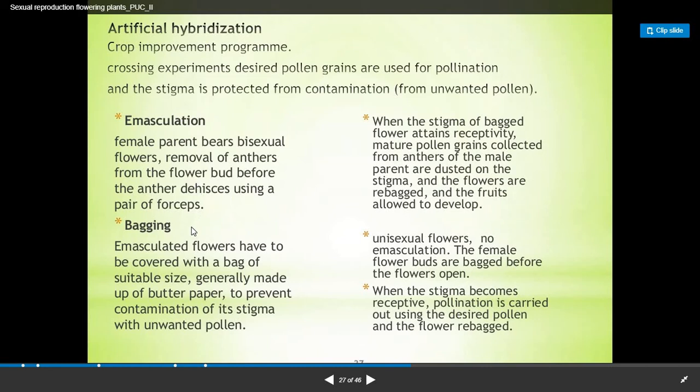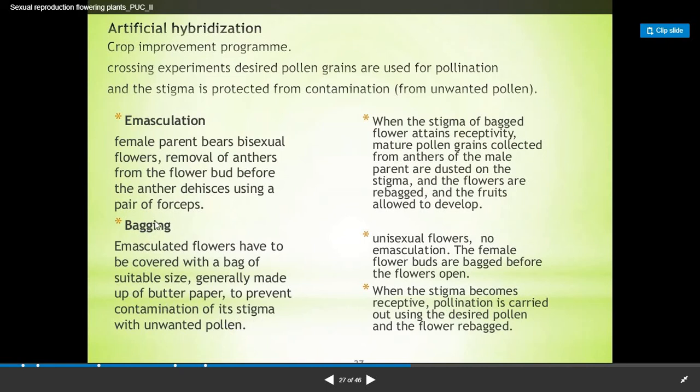The next technique is bagging. The emasculated flowers have to be covered with a bag of suitable size, generally made of butter paper, to prevent contamination of the stigma with unwanted pollen.